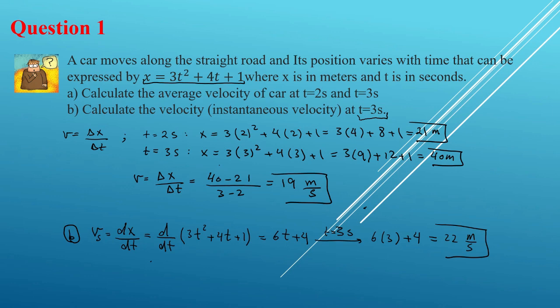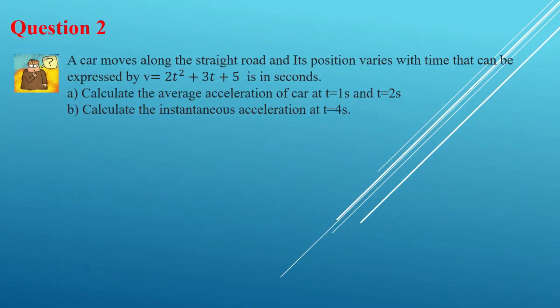Let's look at the second question. In this problem, I need to calculate the average acceleration at t equal to 1 second and 2 seconds. And here I have the velocity equation, okay? So for average acceleration, I have a equal to delta v over delta t.